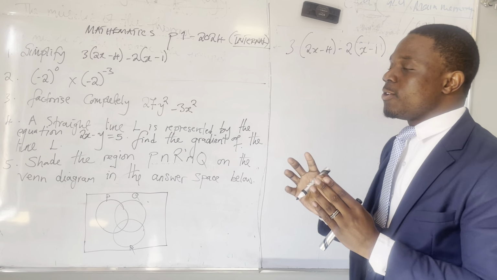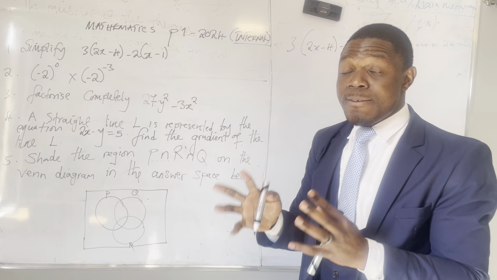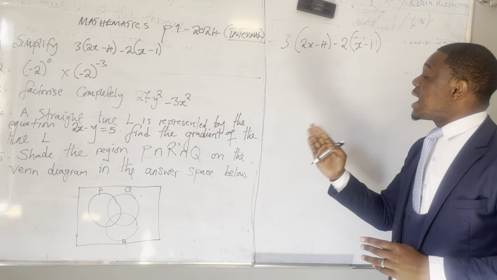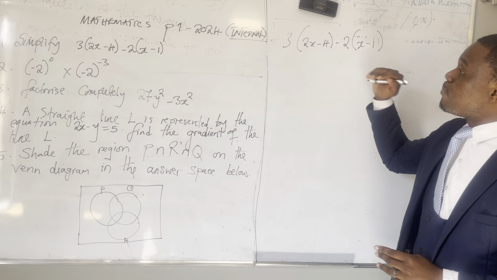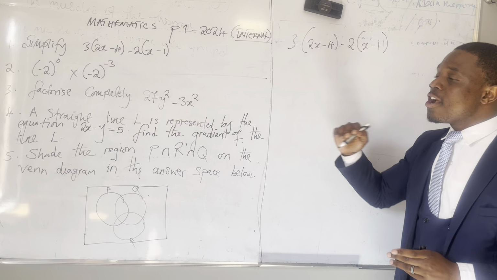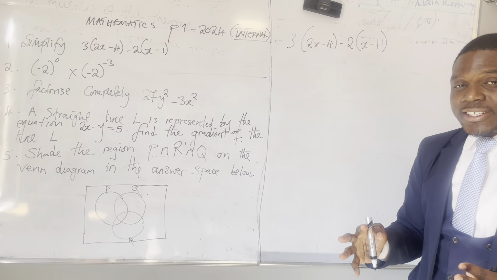If the question says simplify, we have to make it simpler than it actually looks. So our first part is to expand this question. By expansion, it simply means we have to get rid of the brackets.